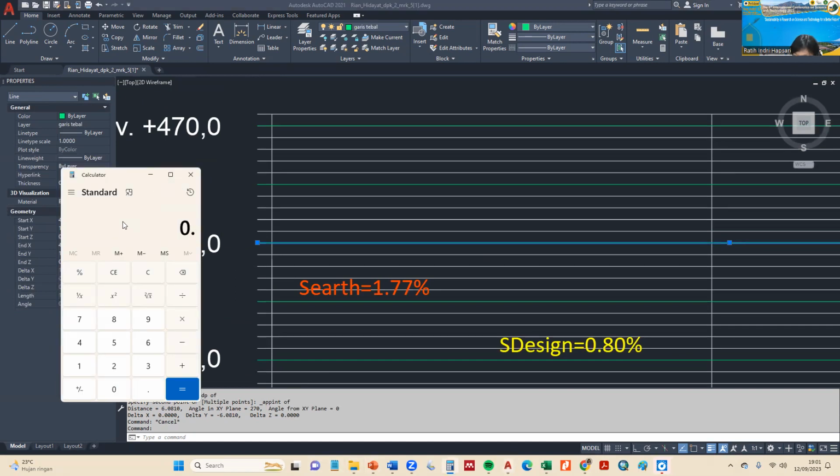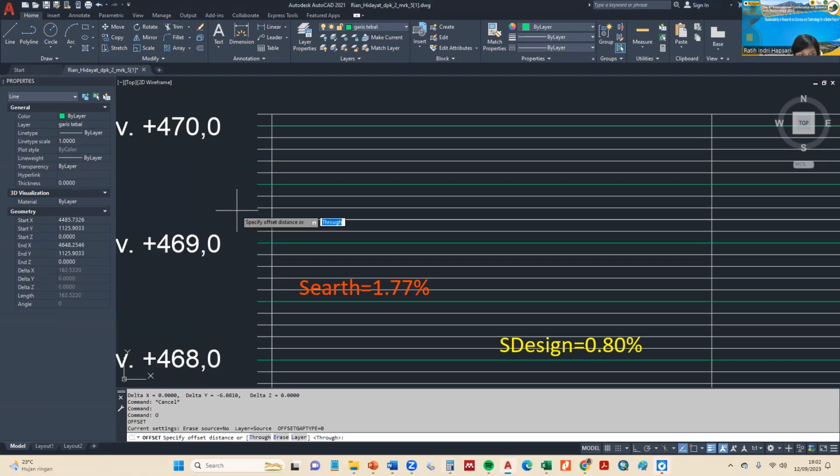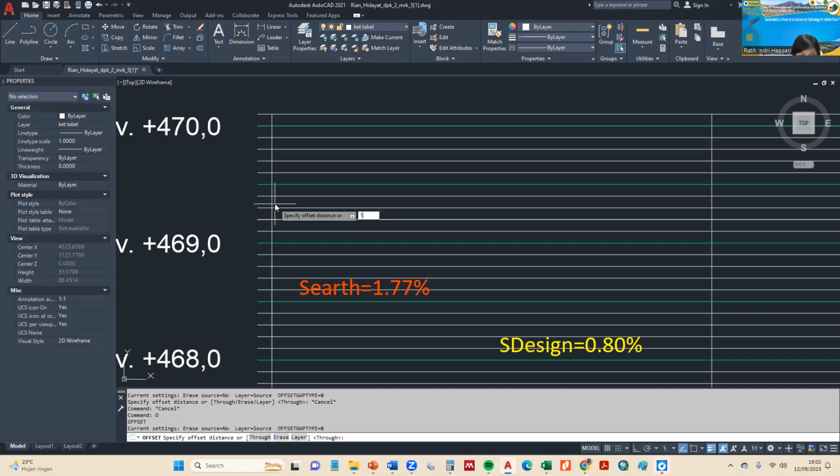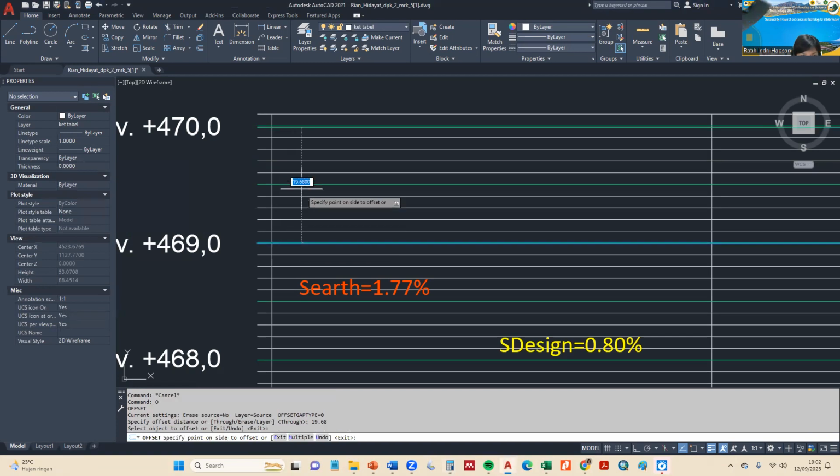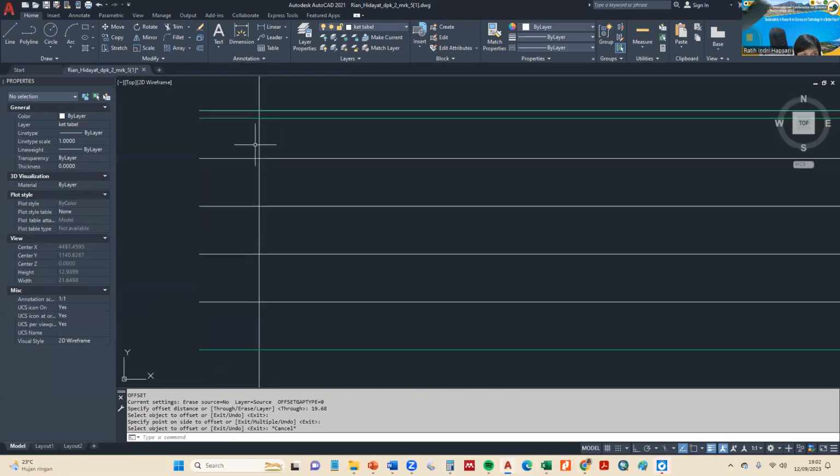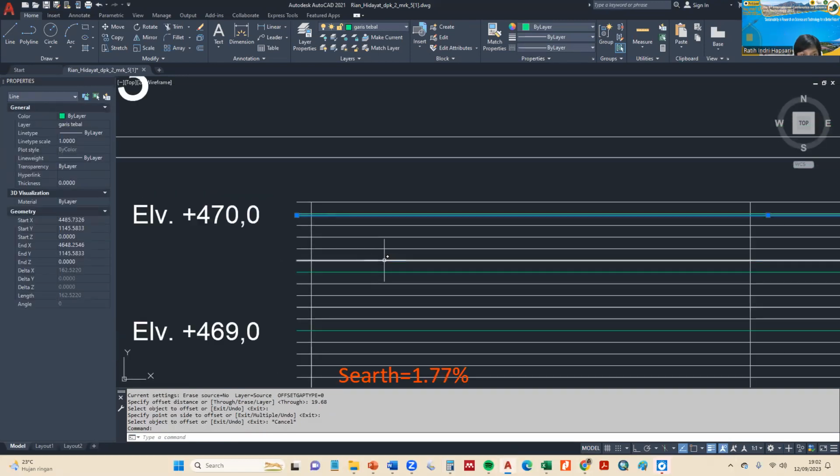Offset for 0.984 times 1000 divided by 50. So we offset 19.68. This to this. So the result is this one, yeah.